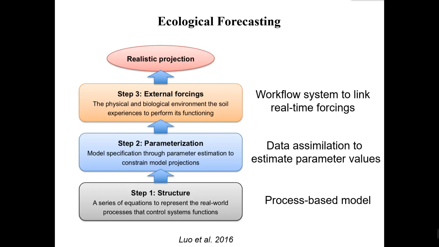You must have seen this diagram several times during our workshop. To get a realistic projection of terrestrial ecosystem carbon dynamics, there should be three steps. First, we need a good model structure, which represents underlying ecosystem processes.